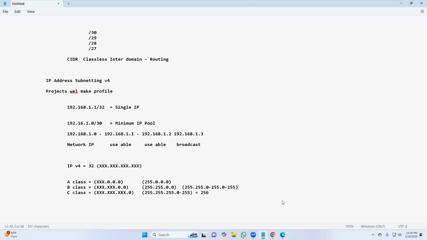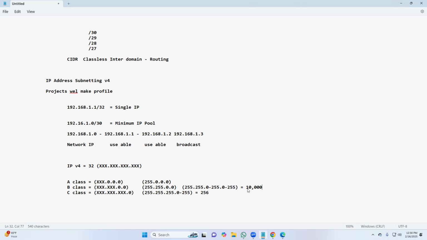Just calculate. It's a huge number of IP addresses, above 10,000, not an exact figure of 10,000, but more than 10,000 IPs.